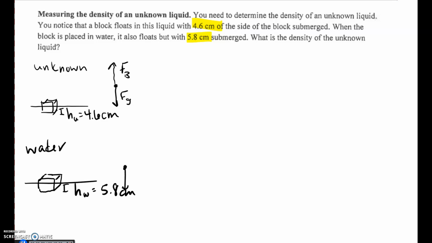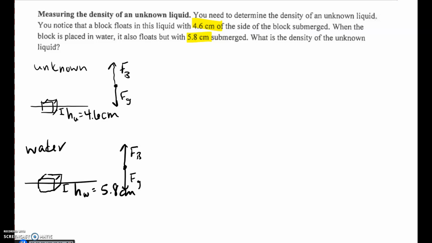We've got force of gravity downward, and nothing has changed about the block's weight. So therefore, we have buoyant force upward. And what's particularly interesting here is since the weight of the blocks are both the same, and since these blocks are in equilibrium, therefore the buoyant forces acting in each situation are the same.